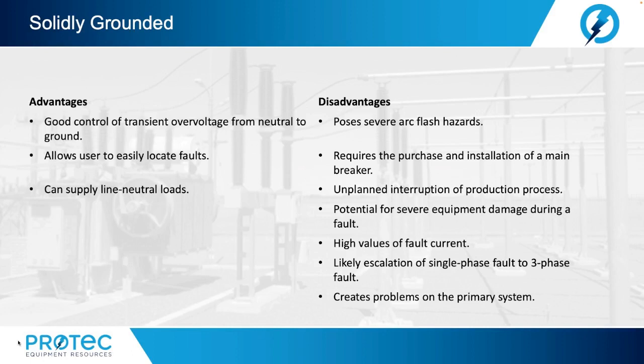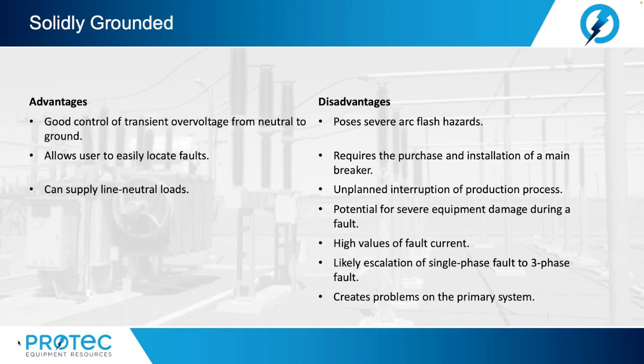But among the disadvantages, they pose severe arc flash hazards, require the purchase and installation of a main breaker, unplanned interruption of production processes in the event of a fault, potential for severe equipment damage during a fault, high values of fault current, likely escalation of single-phase faults to three-phase faults, and create problems on the primary system.